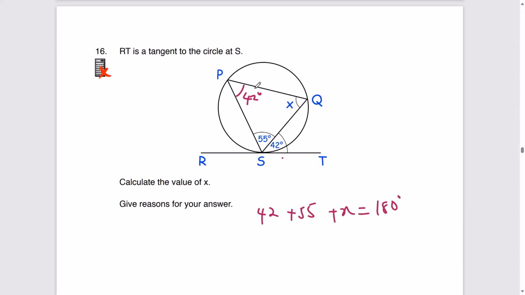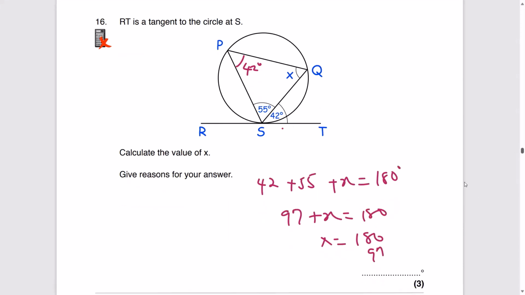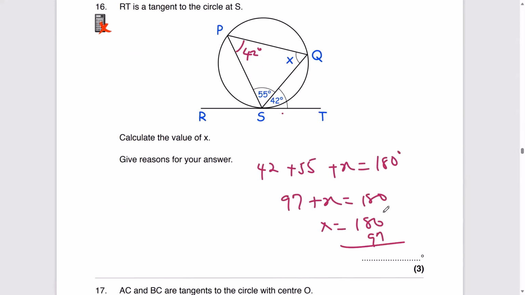Angle on a straight line, angle in the triangle. If you add these two, that's 97 plus X equals 180. So X definitely going to be 180 minus 97. And that's going to be 83. Did you get 83? Yes.